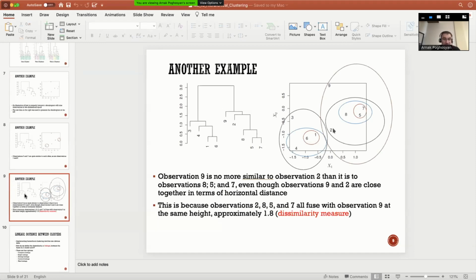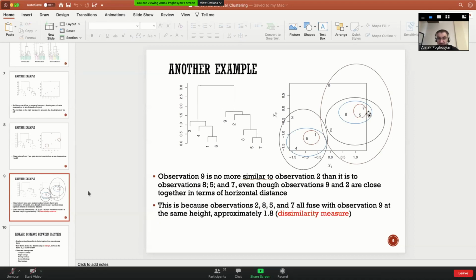Okay, now returning to our big problem. Even when you know how to calculate the distance between different observations, for example, in this case, if you have coordinates, Euclidean distance is working, it's very difficult to say how we are calculating, for example, the distance between this 8 and the red cluster that we have.